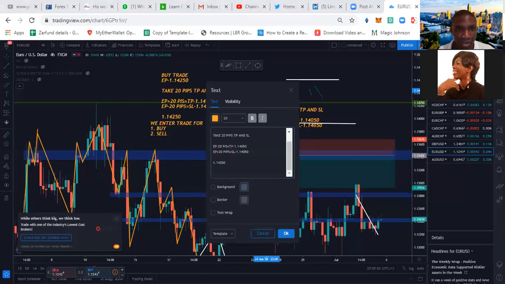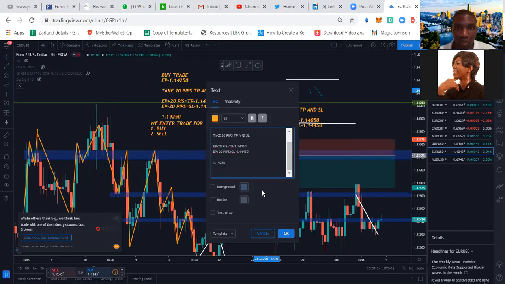Now for the stop loss, we add 20 pips to the entry price. So what's the entry price again? The entry price is 1.14250. So we add 20 pips. This becomes, we insert the decimal place back now, 1.14450.